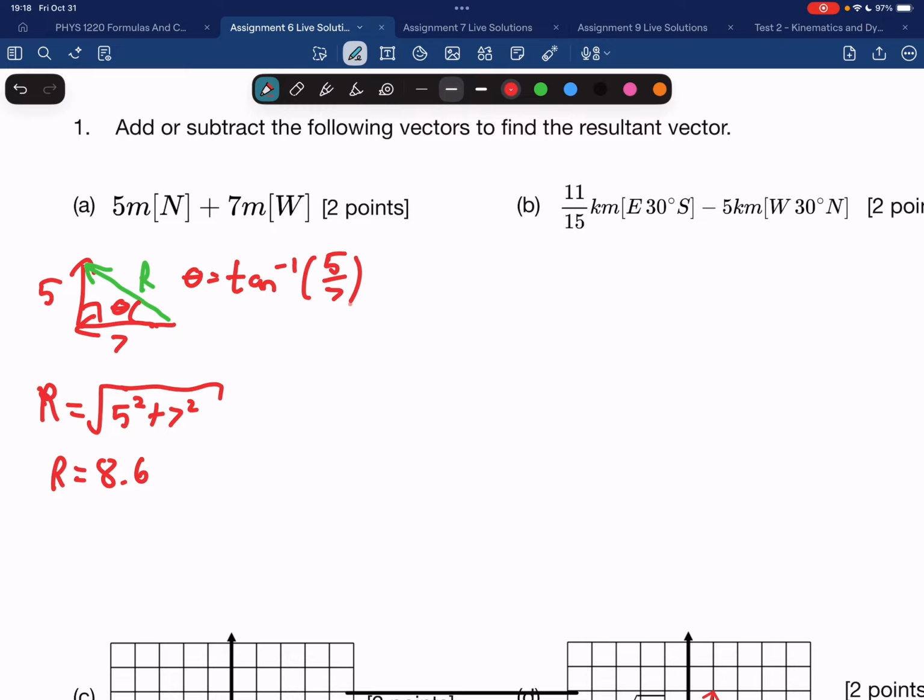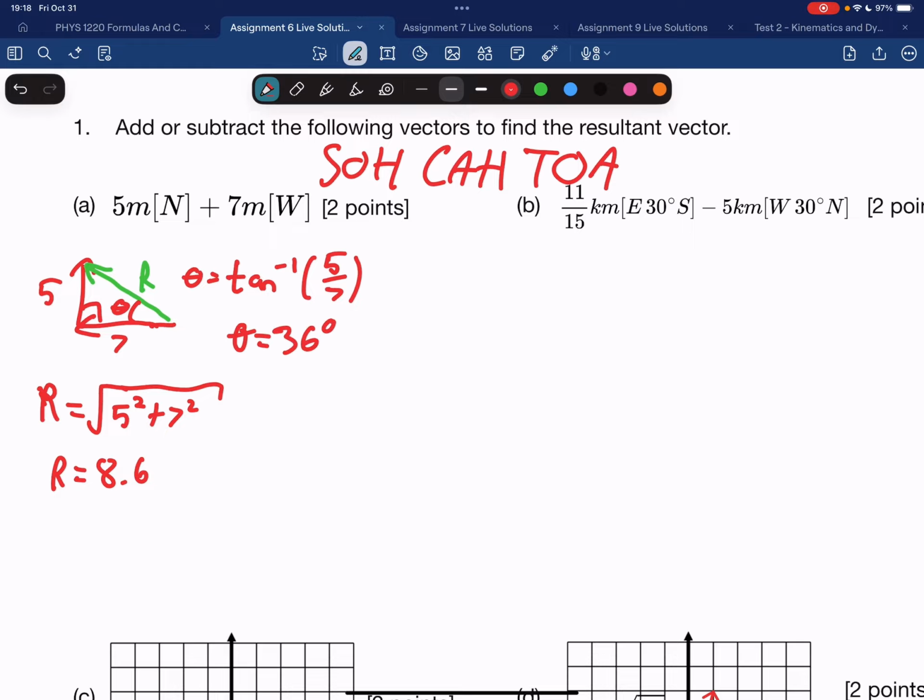Now, careful, a lot of people got this part mixed up. 5 over 7 with the directions. The directions in general for a lot of these questions were mixed up. In SOHCAHTOA, tangent is opposite over adjacent. In this case, my angle theta, the opposite side of that is 5. So the 5 goes over the 7. Punching this in the calculator, you get about 36 degrees.